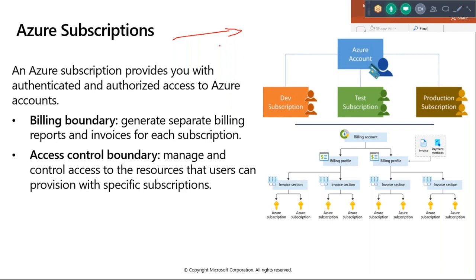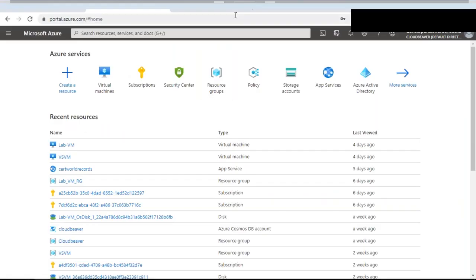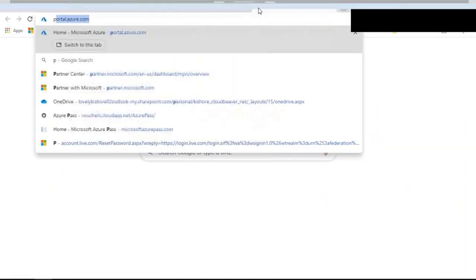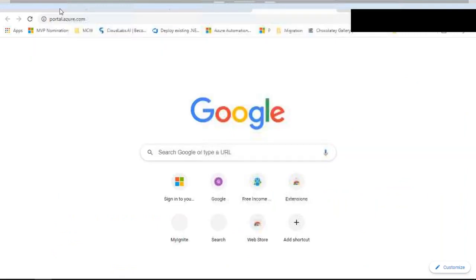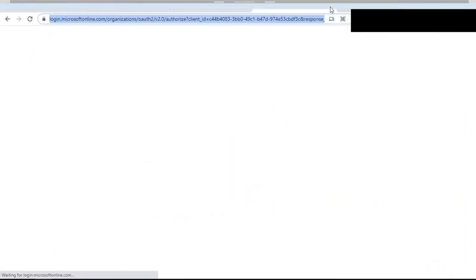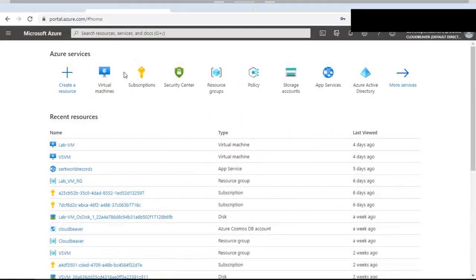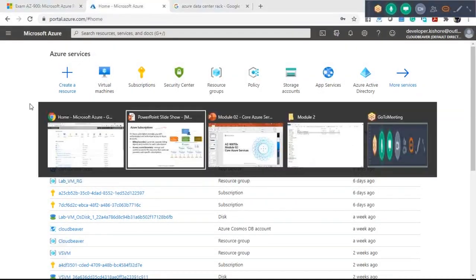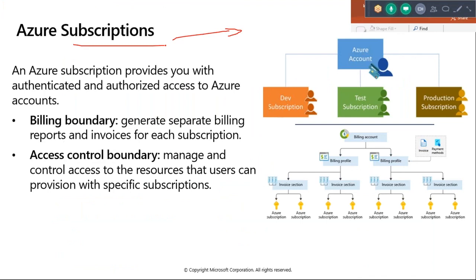Same way, just having an account in the Azure environment, that is, anybody can go to portal.azure.com and sign up with an account. You can use your personal email, office email, anything, and sign up an account. Just having an account, logging in here doesn't mean that you can create services in here. You need an Azure subscription. Same, having a mobile phone doesn't give the services, you need a SIM card. So having an Azure subscription will give you the access to Azure services.